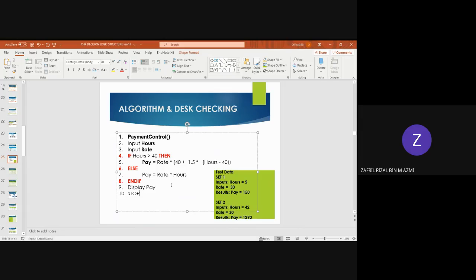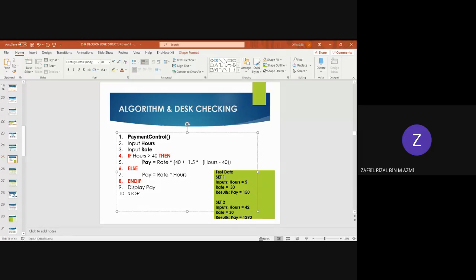And then I already looked at some of your answers for desk checking. Some of you I think are still confused about how to write down the correct desk checking. So first you need to list down all the variables. For example, in this case we have 1, 2, 3 variables.